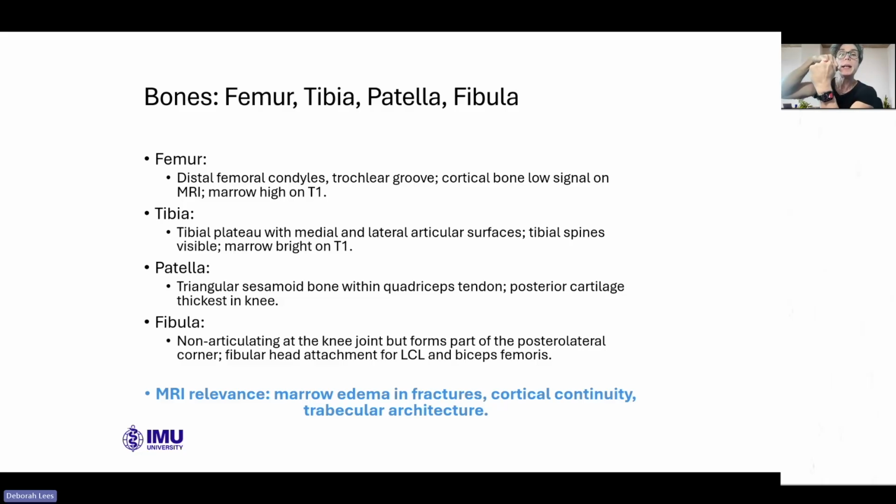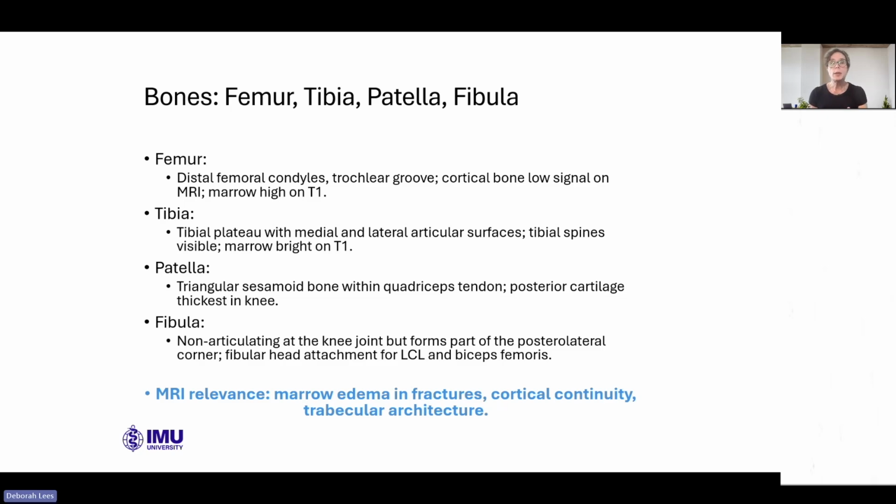So if you've got maltracking of that patella and it's sliding to the side, you're going to get a lot of uneven tension. You're going to get a lot of uneven pressure on the cartilage. And one thing cartilage does not deal well with is uneven pressures across its surface, because that is what promotes degeneration, and that is what essentially brings on the arthritic changes that we see.